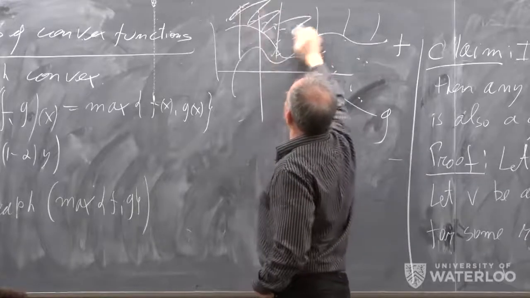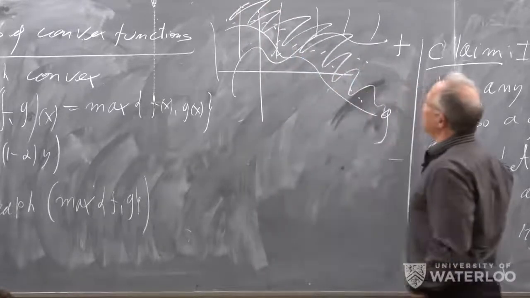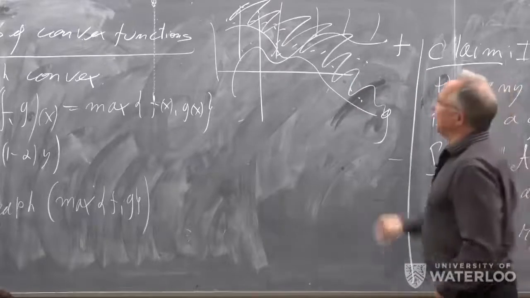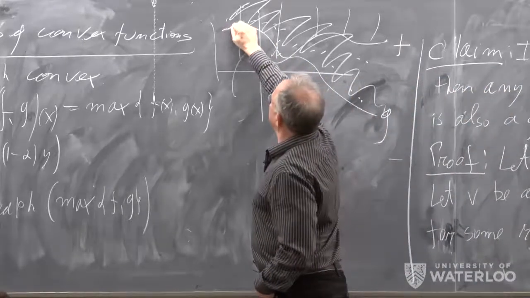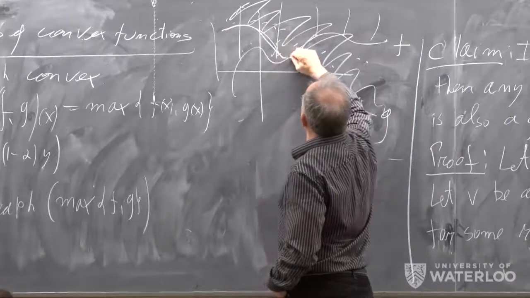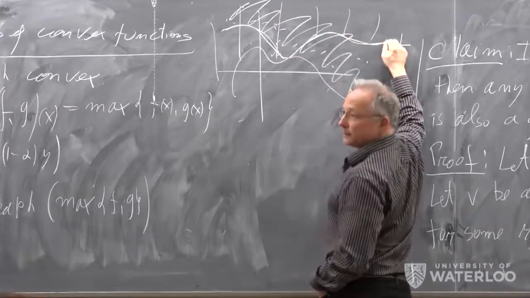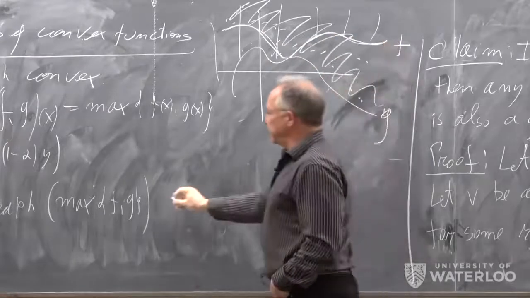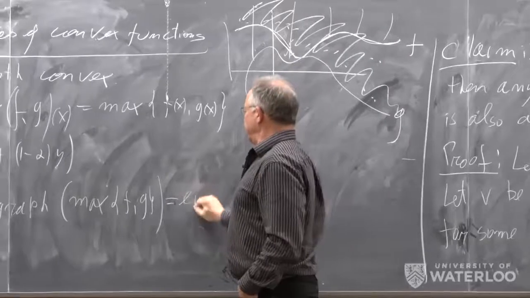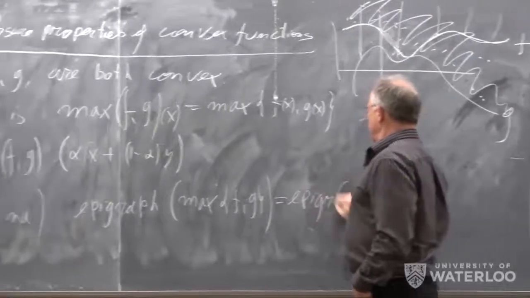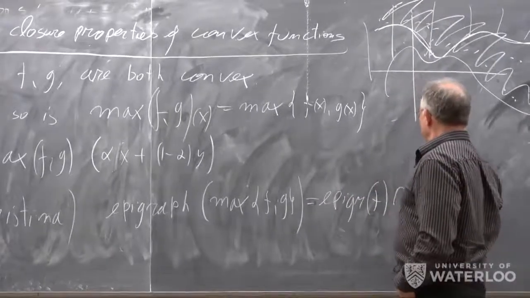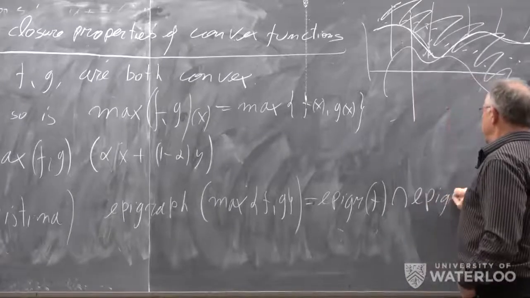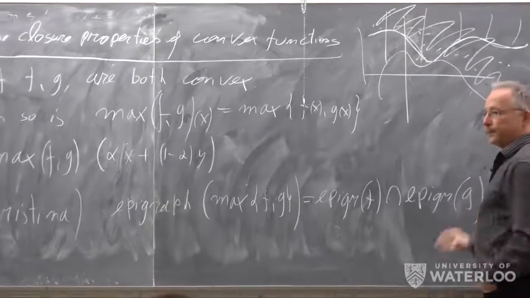So what is the epigraph of the max? The max function is g up to this point and f from this point on. So the epigraph of this is just the epigraph of f intersection the epigraph of g.